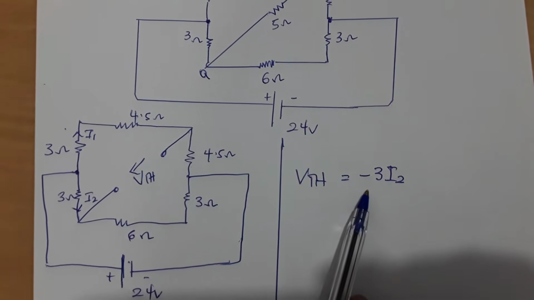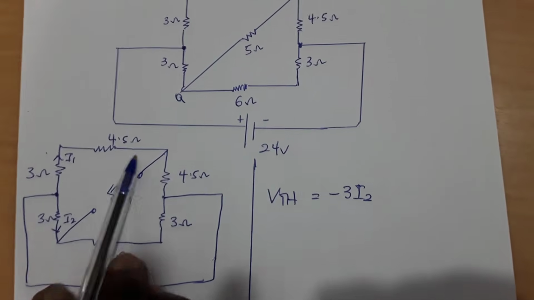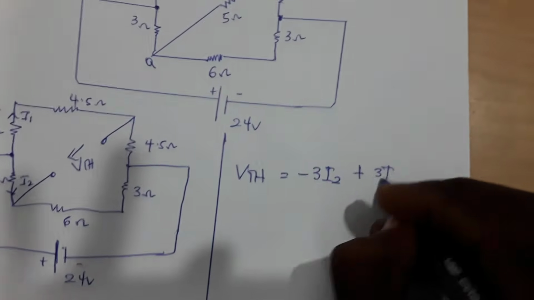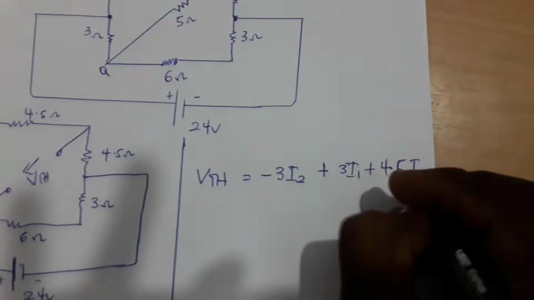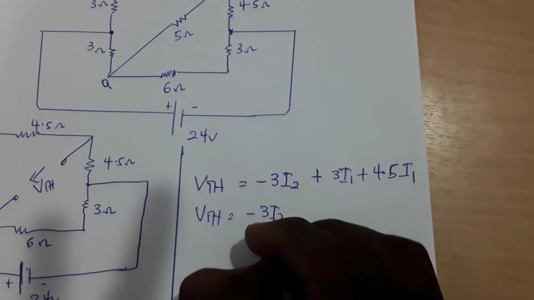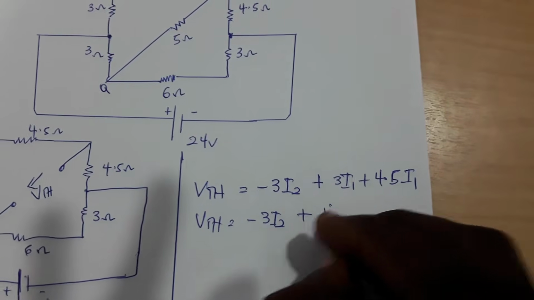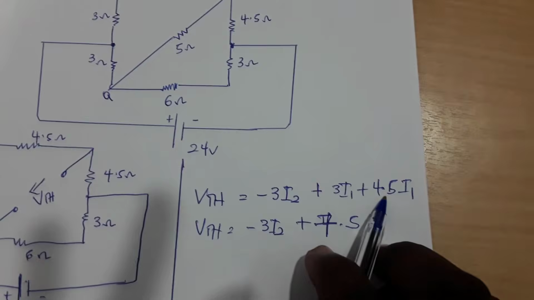That is why I have minus 3I2 here, but I1 is in my direction. So I will say that plus 3I1 plus 4.5 I1, which is VTH, should be equal to minus 3I2 plus 7.5, adding 3 and 4.5, I1.